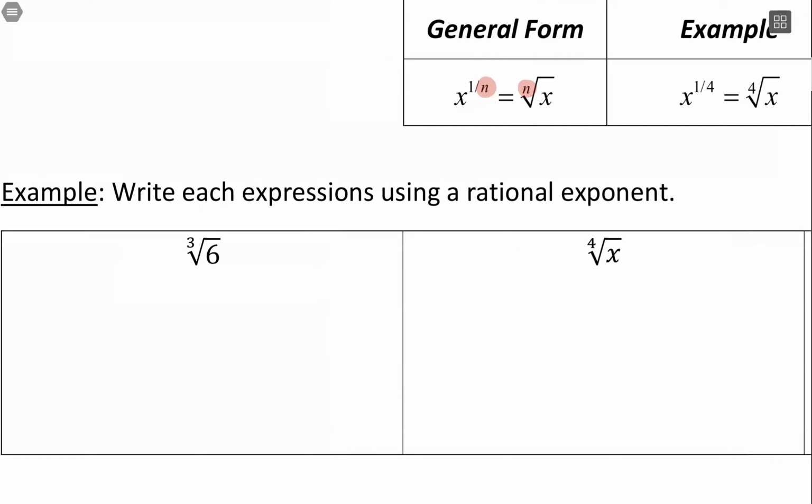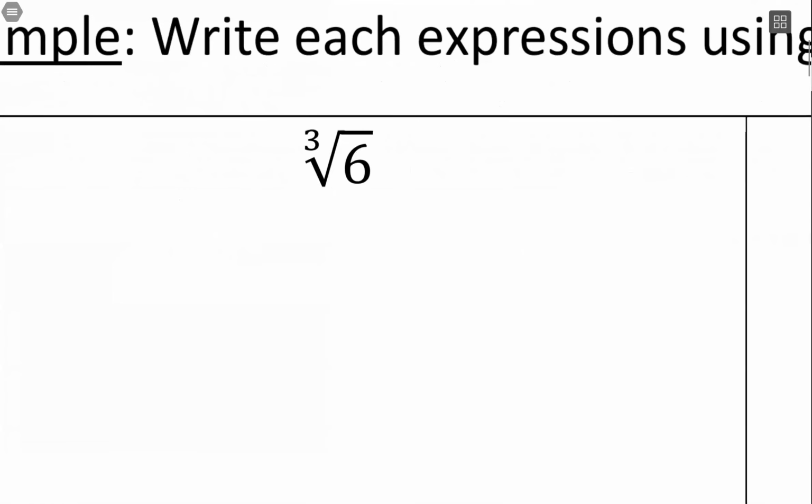So we're going to take each of these and change them into a rational exponent. So this value 6 underneath the radical becomes the base of our exponent. And then 3 would be our denominator for the exponent. So this would be 6 to the 1/3 power.